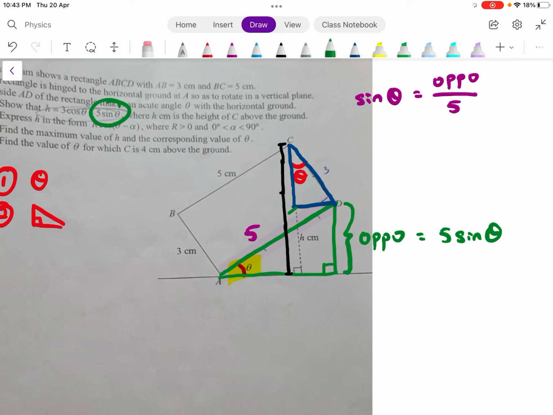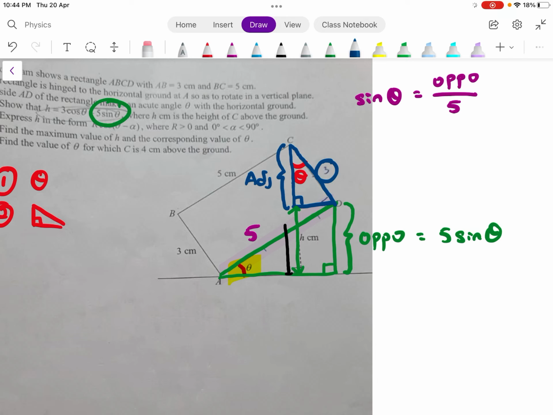Since this part is your 5 sine theta, next I want to find this part, with this 90 degrees. If you look at the right angle triangle, this will be the adjacent. We are given the hypotenuse, which you helped me label, as 3 centimetres.